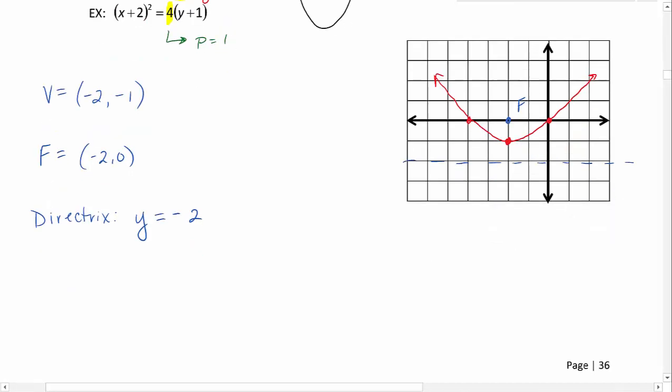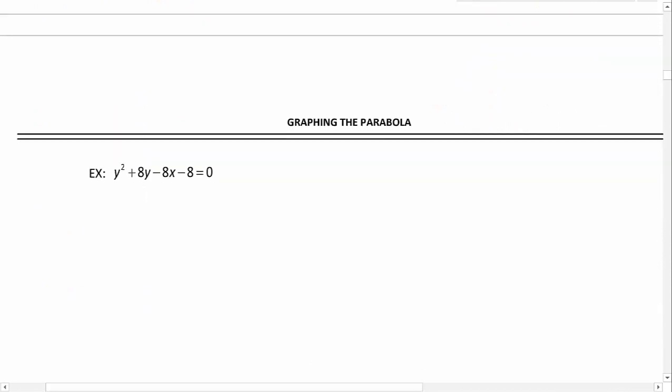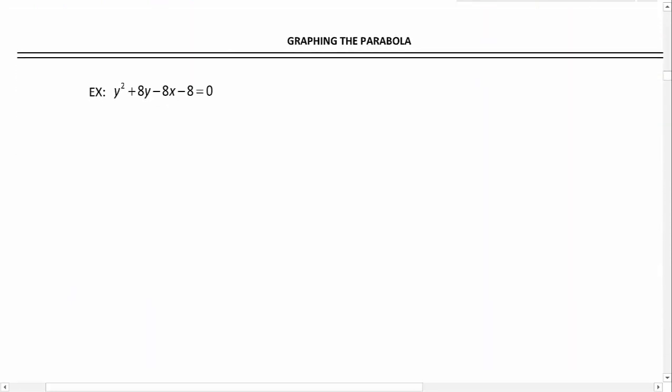All right, let's take a look at one more. This time it's in general form, and we're going to have to convert it to standard form by completing the square. The first thing I notice is that the y is what's being squared.